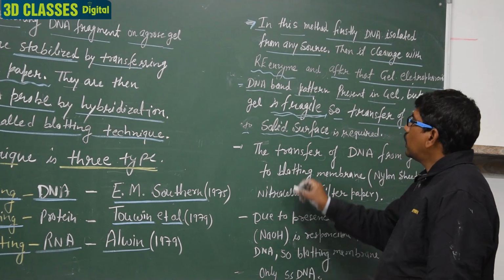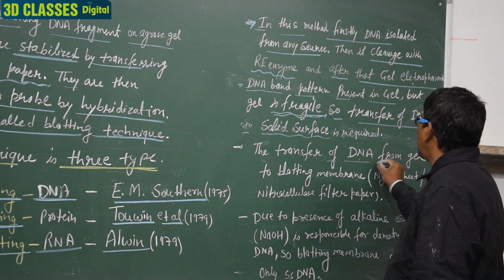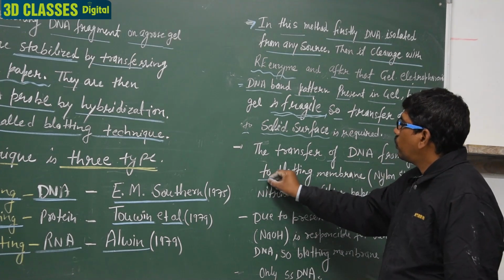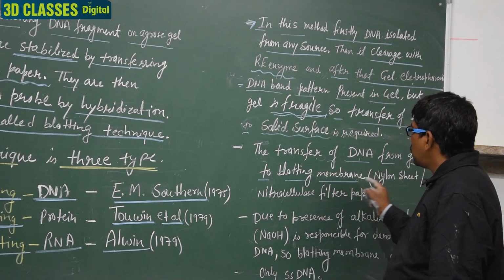Clear? The transfer of DNA is from the gel to a blotting membrane, nylon sheet or nitrocellulose paper.